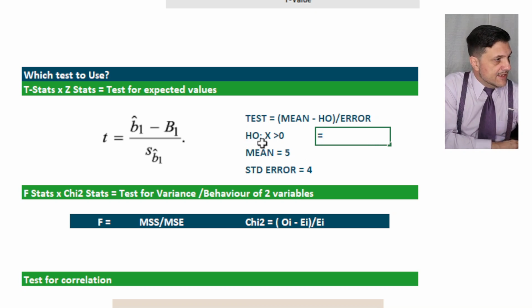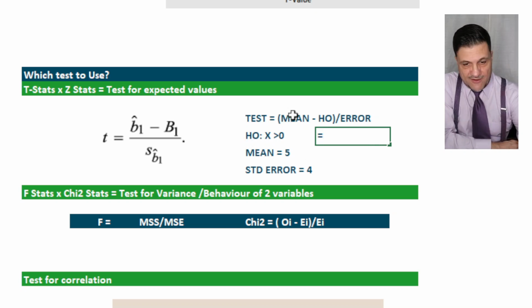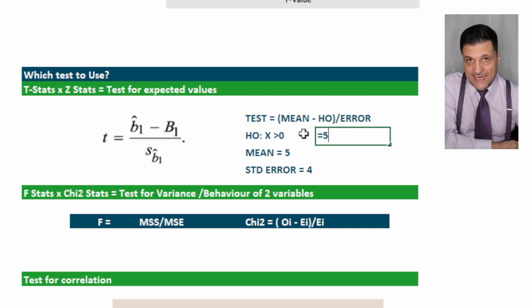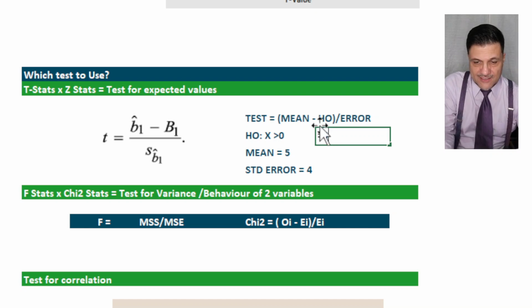It's the mean, which is 5, minus 0, because H0 is the number. When I put H0 in the formula, what I meant is the number that's in the hypothesis. For X higher than 1, you put 1. For X higher than 10, you would put 10. In this case, it's 0. So 5 minus 0 is 5, divided by the standard error, 4.